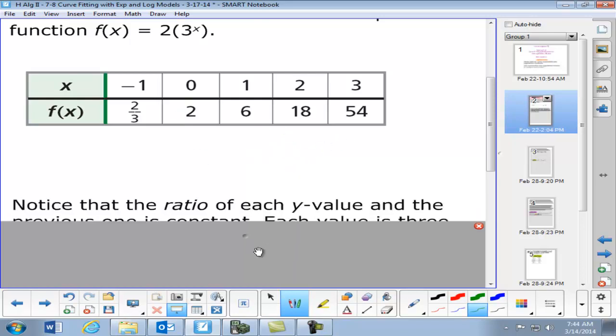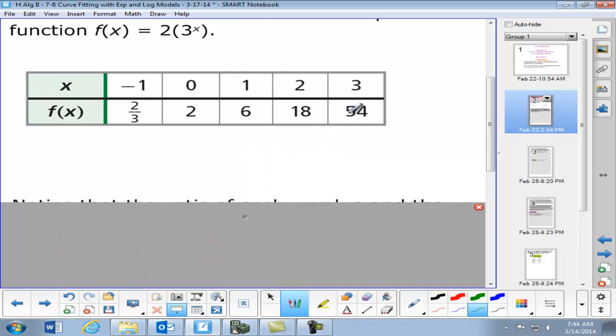So to determine if it's exponential, you look at this and you say, okay, what is 54 divided by 18? 54 divided by 18 is 3. And then you say, what is 18 divided by 6? It's 3. 6 divided by 2, it's 3. 2 divided by 2/3 is also 3.